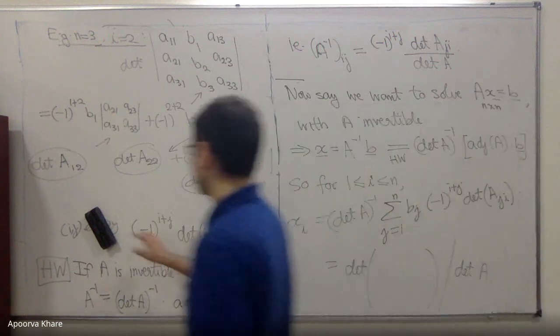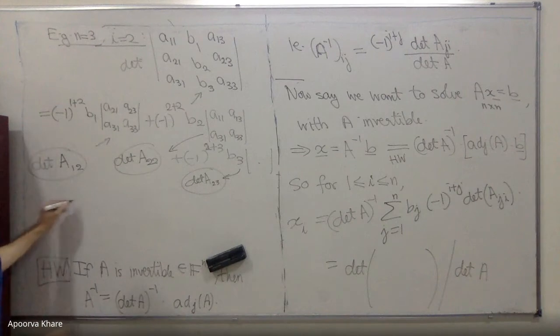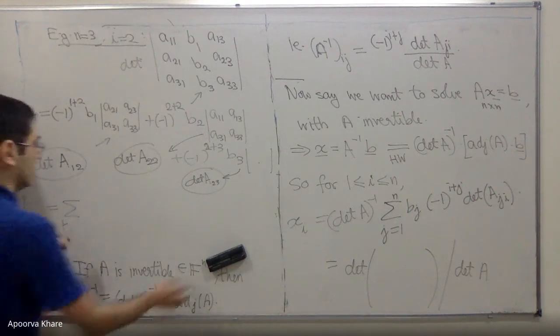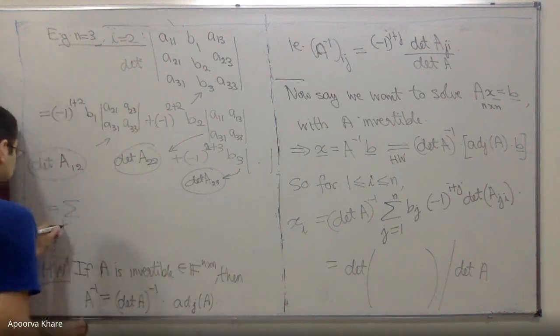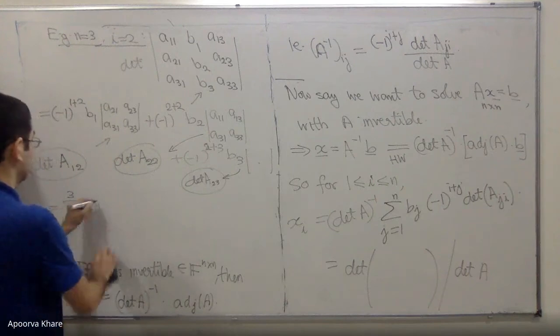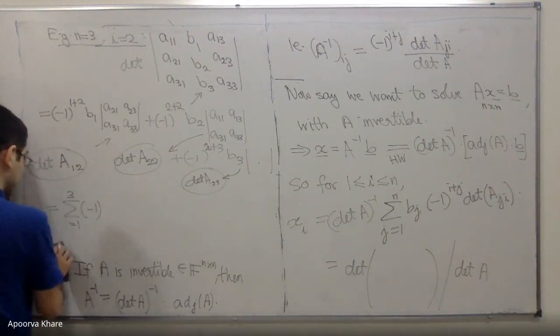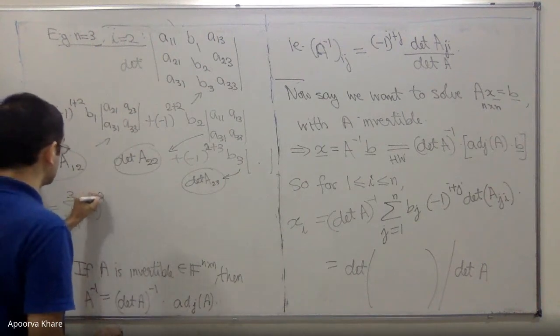So therefore this whole thing is equal to a summation. Let's call it j, and check the sign: j goes from 1 to 3, (-1)^(2+j).